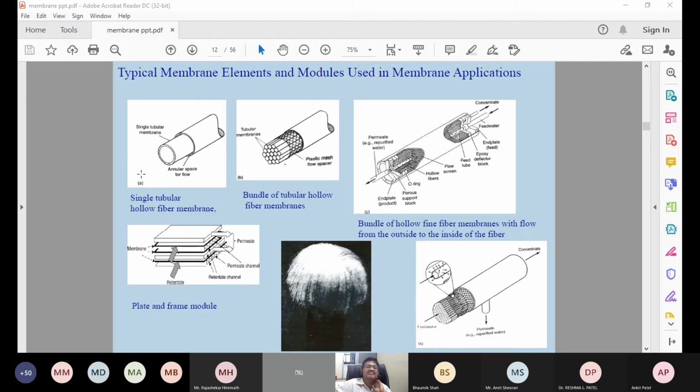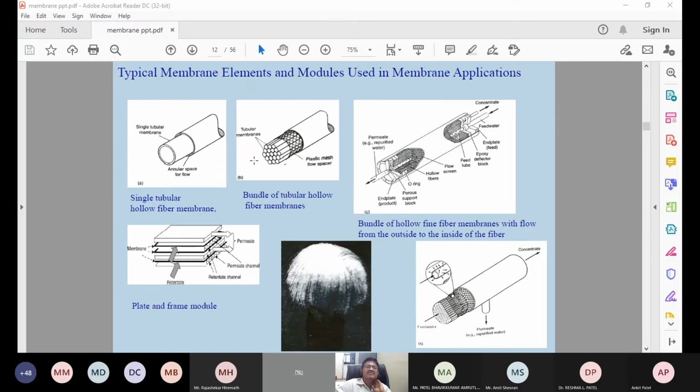Water is passing from inside, and from inside the water is coming outside. The water goes from inside and is filtered, and the filtered water comes outside into this space. So this is the annular space for flow.